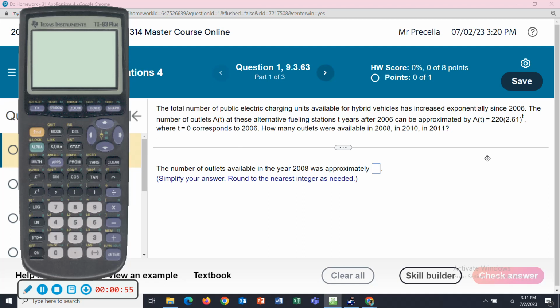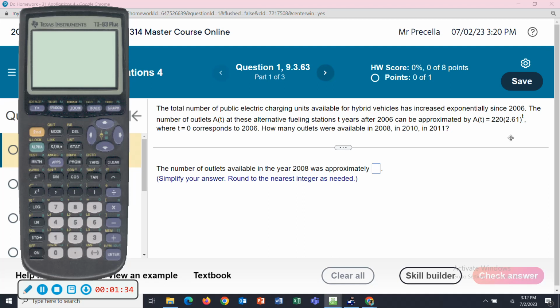The total number of public electric charging units available for hybrid vehicles has increased exponentially since 2006. The number of outlets A of t at these alternative fueling stations t years after 2006 can be approximated by A of t equals 220 times 2.61 to the t.